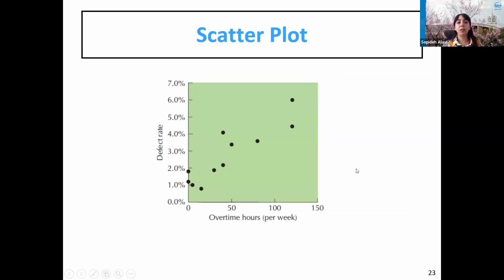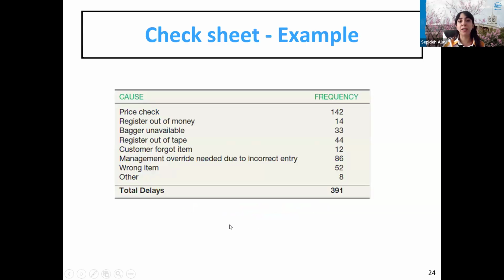Probably that's because the workers are more tired, working during overtime hours, and that makes this problem. Okay. But with the scatter plot, we can only see the impact of one variable at a time. Maybe it's better to make a check sheet where we can list all possible causes.